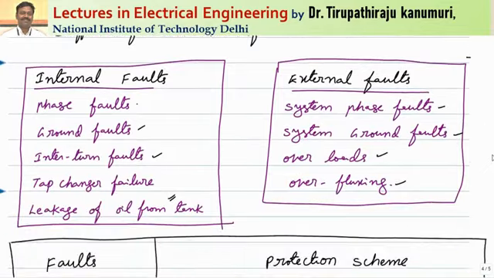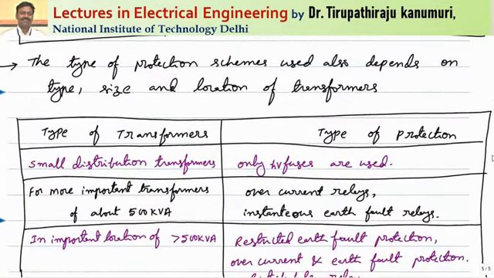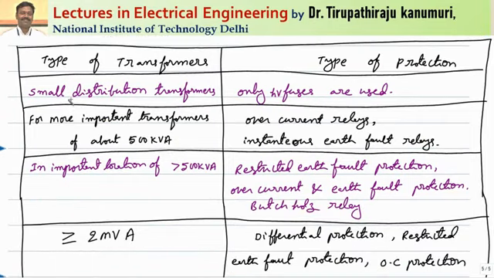Again, the type of protection you use will not be the same for all types of transformer; it depends on the type, size and location of the transformers. For example, take small distribution transformers. Their rating is small and they are not in the priority list, because even if the transformer is disconnected, the amount of load disconnected will be less, and that is not going to affect the stability of your system.